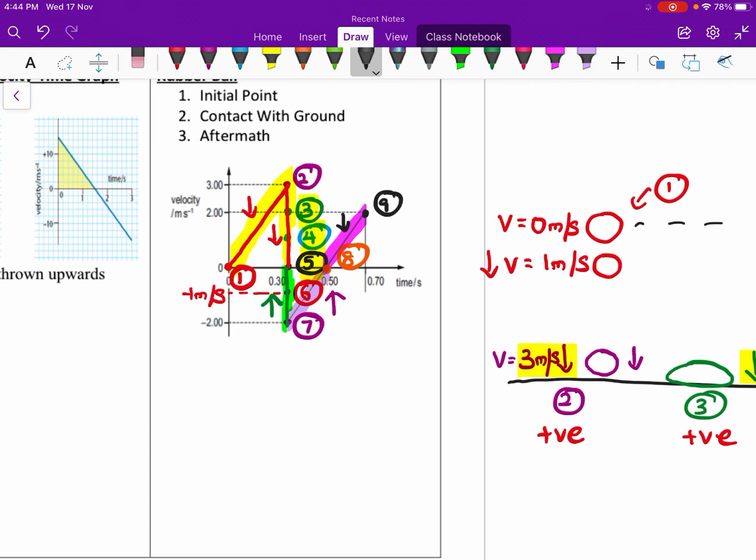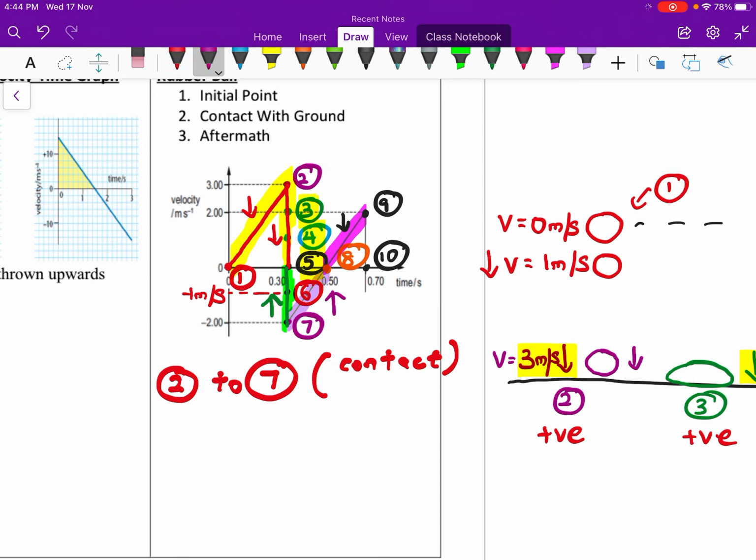This is where I'm dropping. From point number 9 to maybe point number 10, I am hitting the ground, in contact with the ground. Additional thing to take note is that from point number 2 to point number 7, it is in contact with the ground. It's very important.